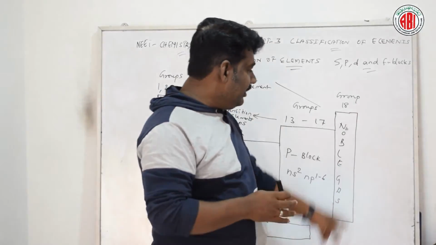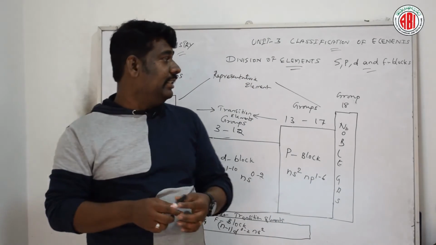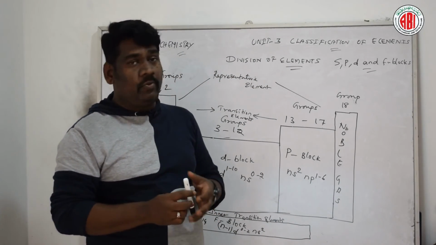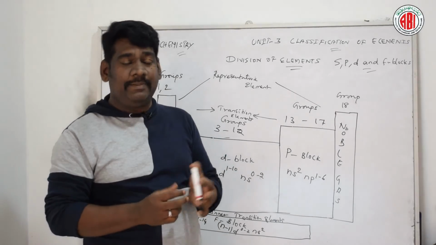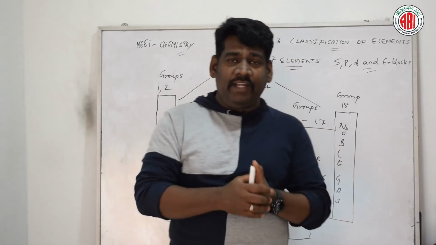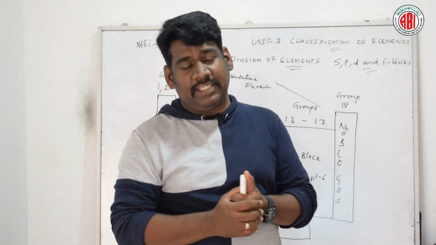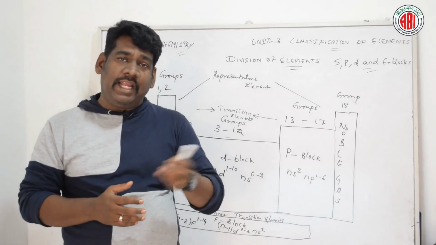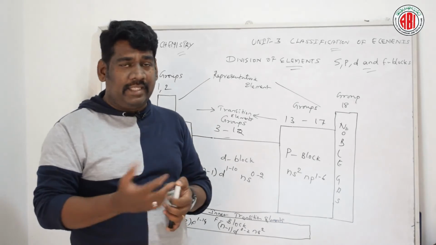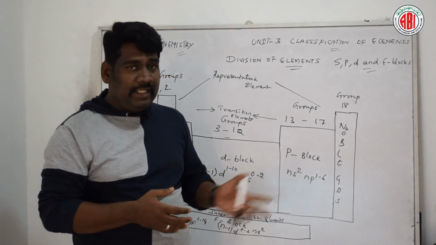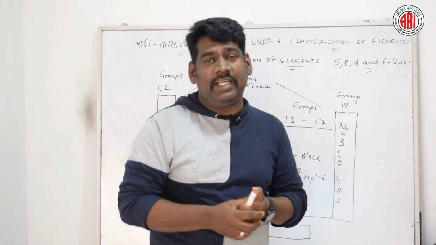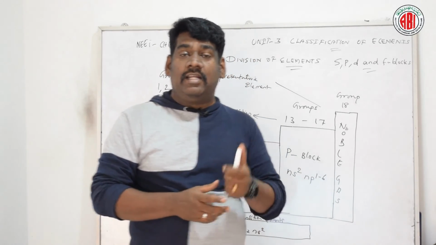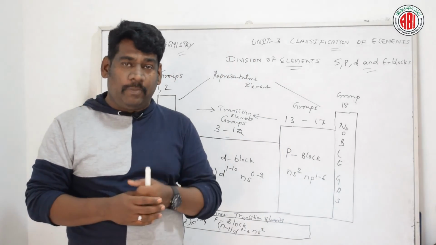All the elements in this category, group 18, are called noble gases because they already have the perfect electronic state, and they do not need to gain or lose electrons in chemical reactions. That is the reason they do not involve themselves in any kind of chemical reaction, and are called inert gases or noble gases.